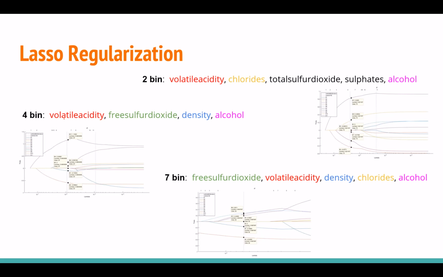Using Lasso Regularization, just as a note, let me look up how to use different colors. Okay, so there's not a way to change the ink color using a shortcut, so I'll do it here.